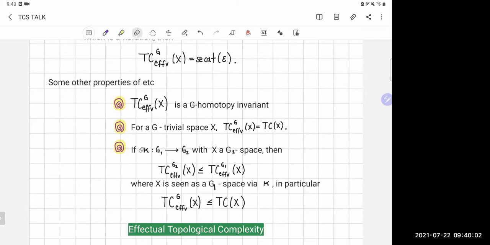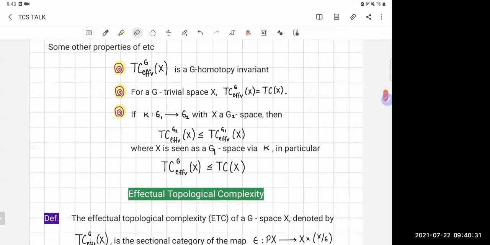So if we have a morphism kappa between two groups, G1 and G2, with X a G2-space, then the effective TC of X with respect to G2 is less or equal than the effective TC of X with respect to G1, where the space X is seen as a G1-space via kappa.